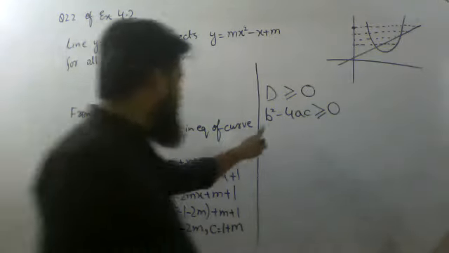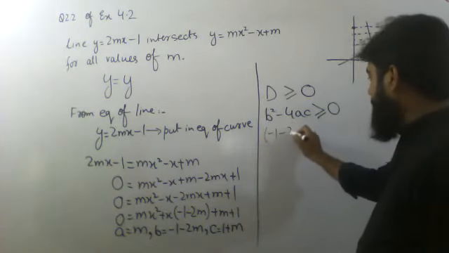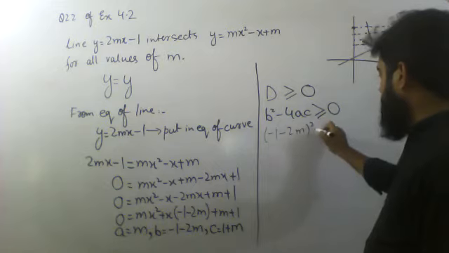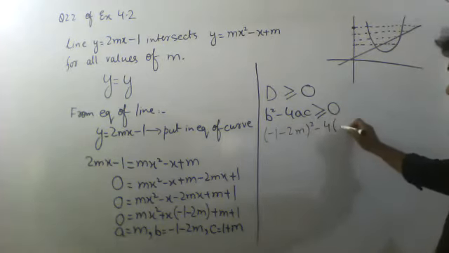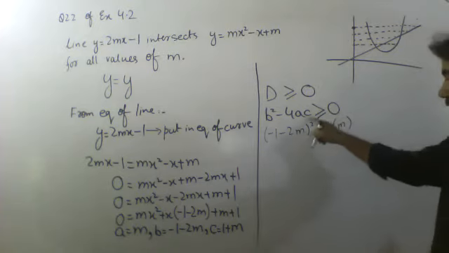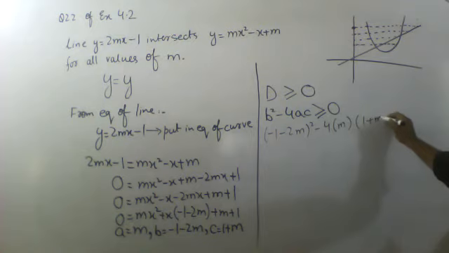Plotting it over here, b square means minus 1 minus 2m whole square, minus 4. In place of a, I will be writing m. In place of c, I will be writing 1 plus m, greater than or equal to 0.